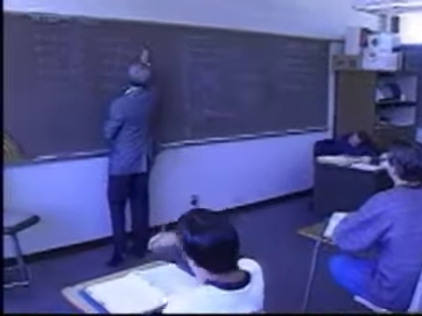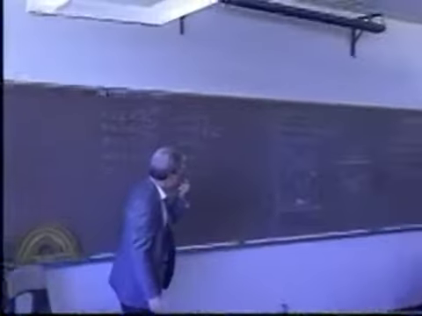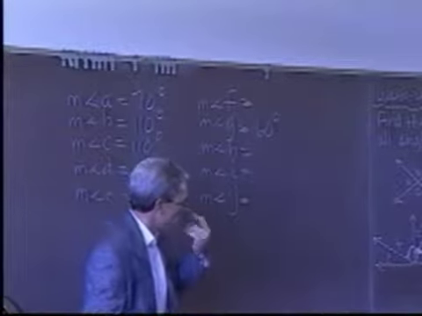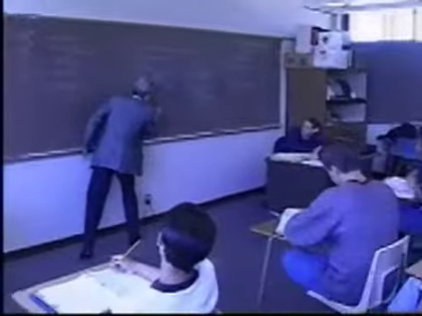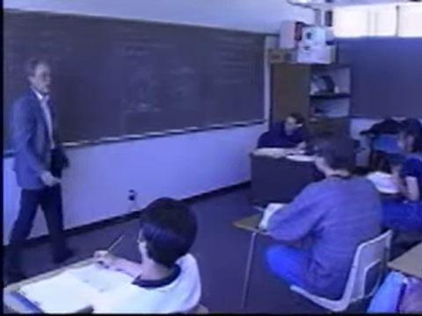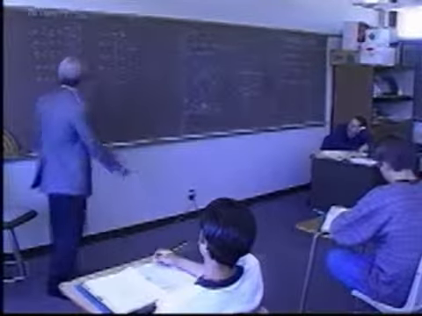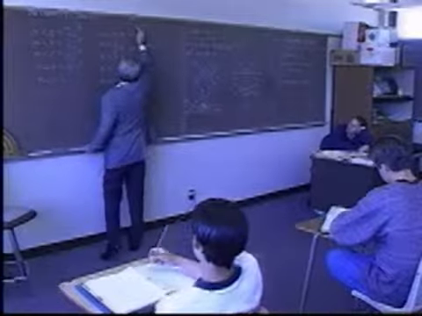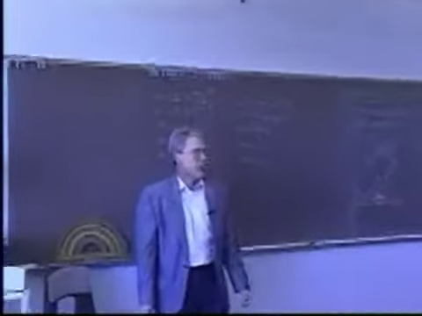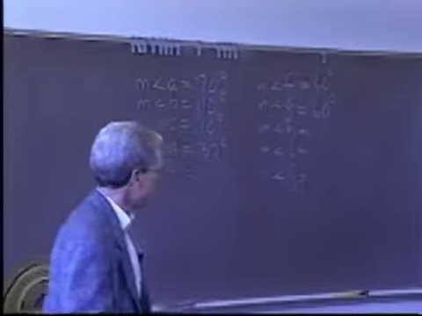Okay? If this angle is also a right angle in here, and this is 30, what does F have to be? 60. And what's left then for angle E? 30.